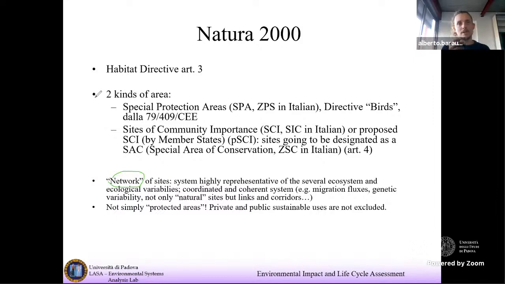Why that? Think, for example, that you have one site, this is the surface of one site, this is the surface of another, and this is the surface of a third site, which is protected.